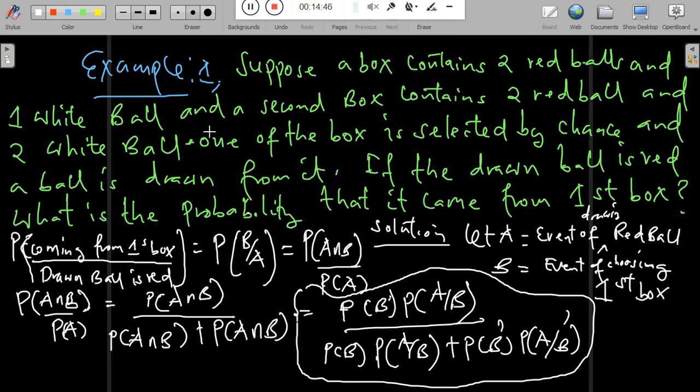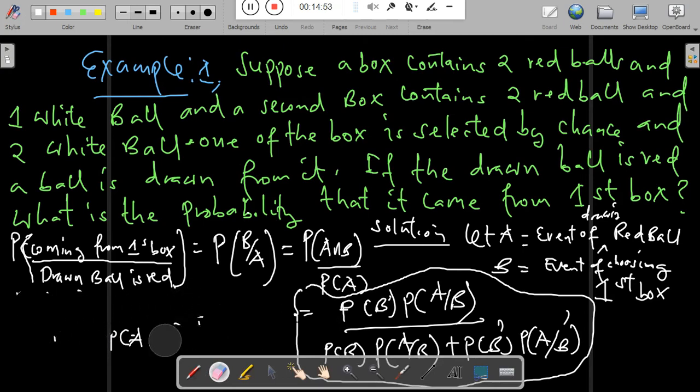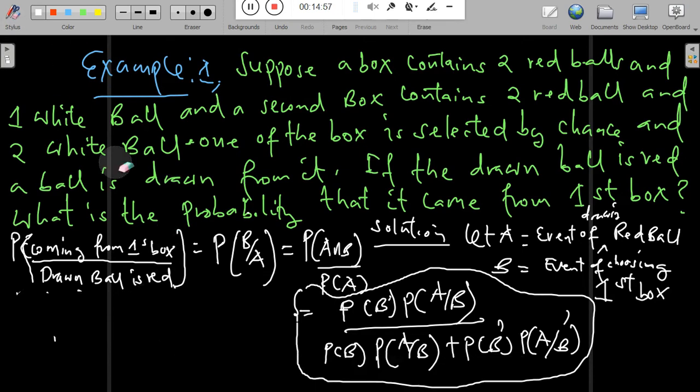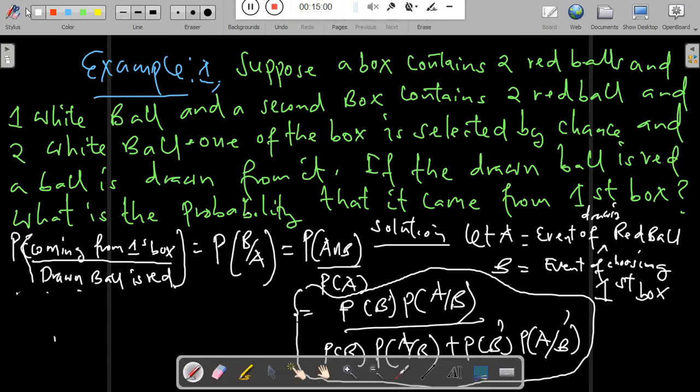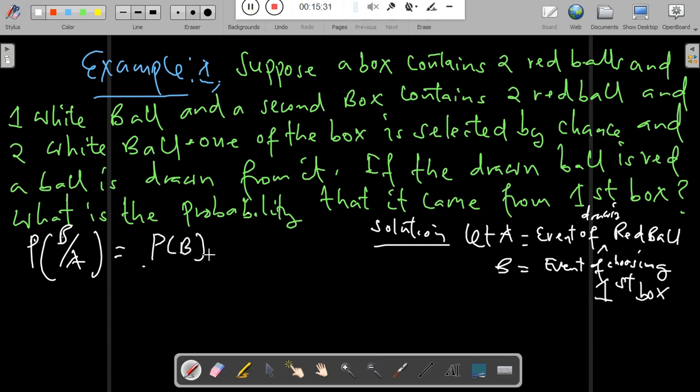The general formula that we are going to apply is the probability of B given A, which is equal to the probability of B times the probability of A given B.